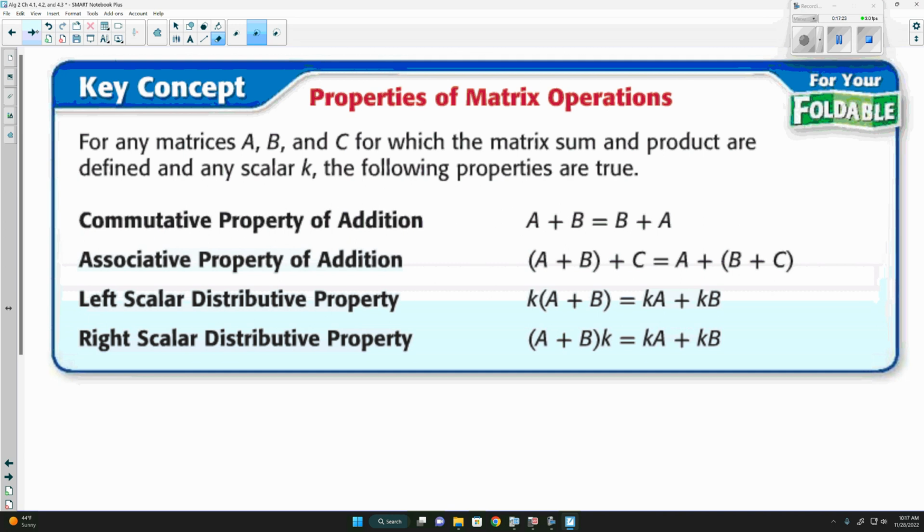A plus B is going to be the same as B plus A. Just with most addition, that holds true. Associative property of addition holds true. I can add any three things in any order and get the same answer. Scalar distributed property, I can multiply a scalar through on the left or right, it doesn't change it. These hold true in any order.